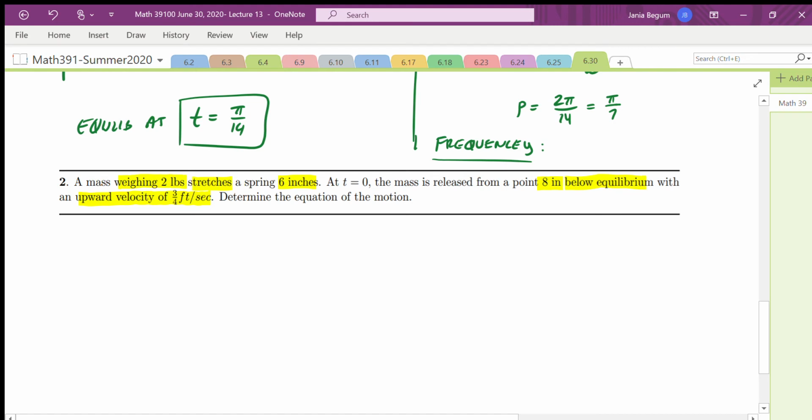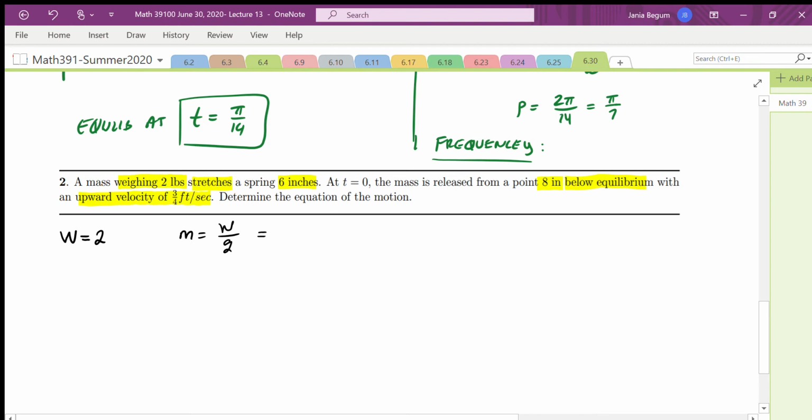So what's given to us? What's the weight? Two, right? So good. So we have the weight, that's 2. And from here we know m is going to be the weight over g.